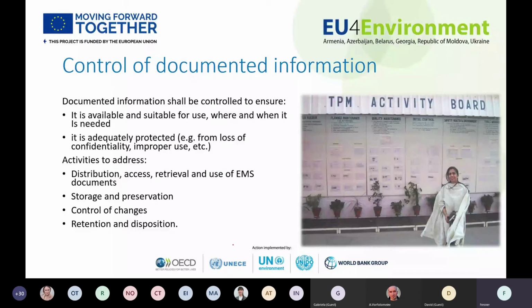This picture shall just illustrate the way how an Indian company managed to control information. They simply created a huge whiteboard in the central resting area close to the canteen, and they put all the procedures, all the indicators, all the alerts or supporting information on such a huge board.